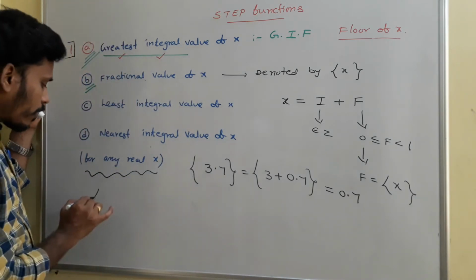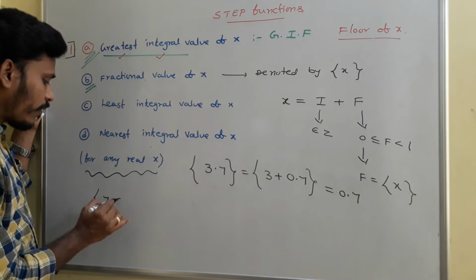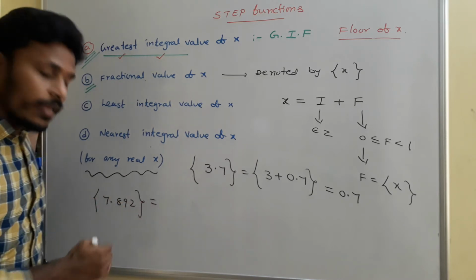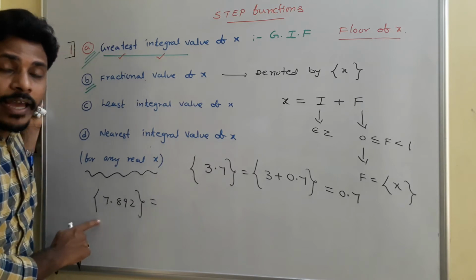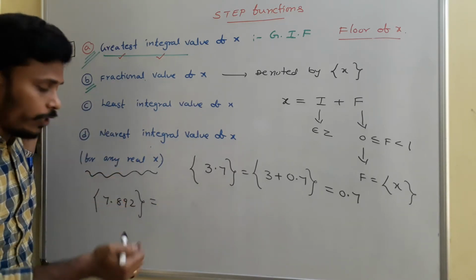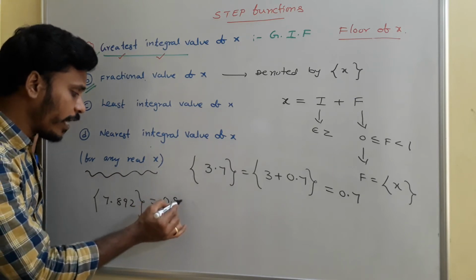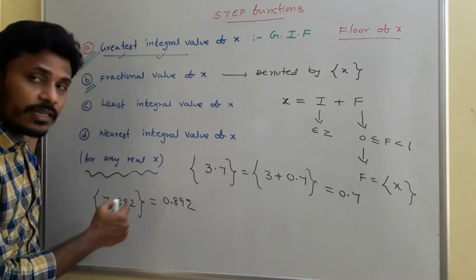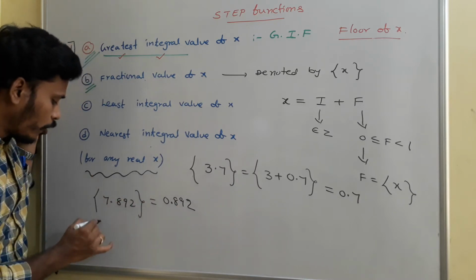For an example like 7.892, this can be expressed as 7 plus 0.892, and that's why its fractional value is 0.892. Usually the decimal part is the fractional value for positive numbers.